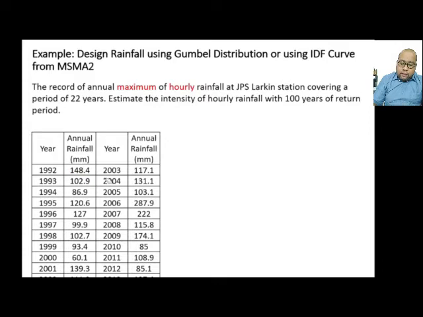So this is an example of how we determine the annual maximum rainfall. In this example, the hourly rainfall has been recorded at the GPS Lucky station, covering a period of 22 years, from 1992 until 2013. And then we estimate the intensity of the hourly rainfall with a 100-year return period.